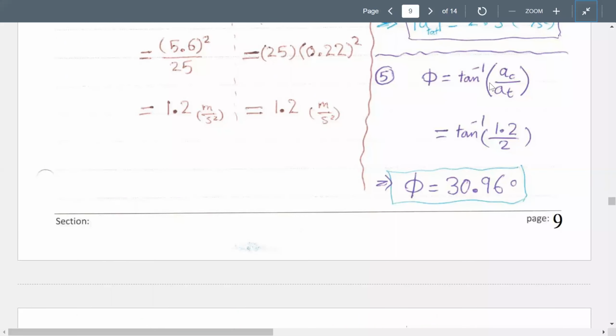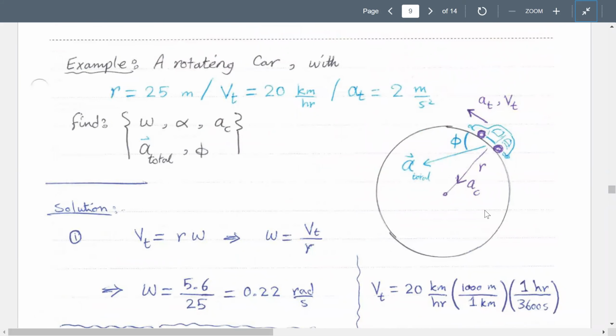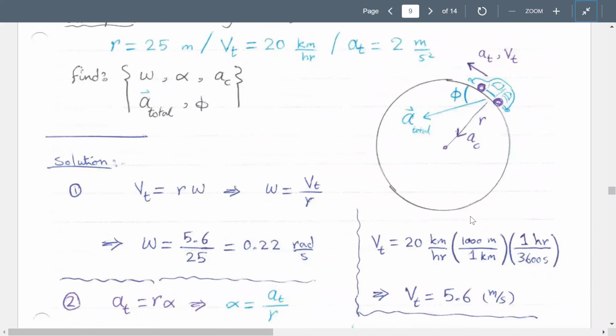Using tan inverse of AC over AT, phi will be 30.96 degrees. Okay, you can convert it to radian. We don't need to do that. I will tell you about that later. But that's it. In this case, we found everything. We found the velocity, the acceleration.